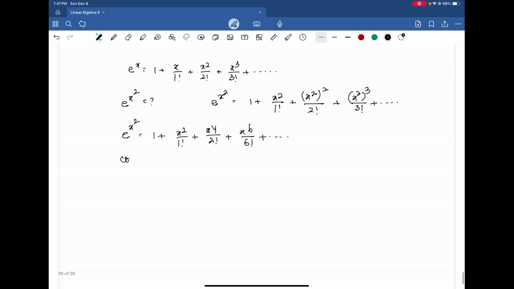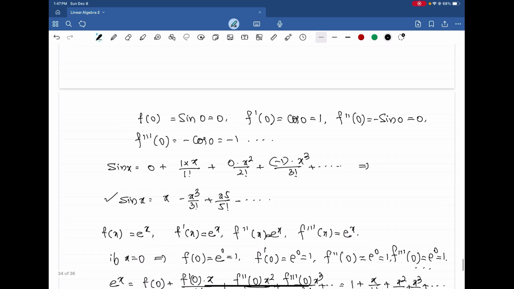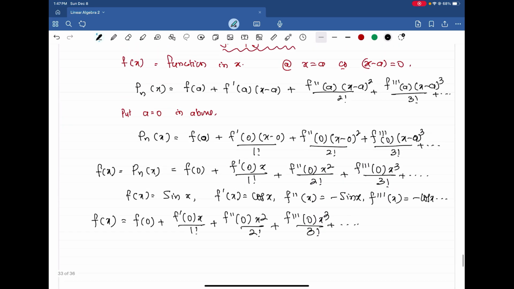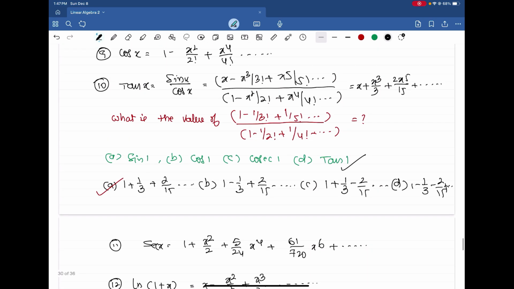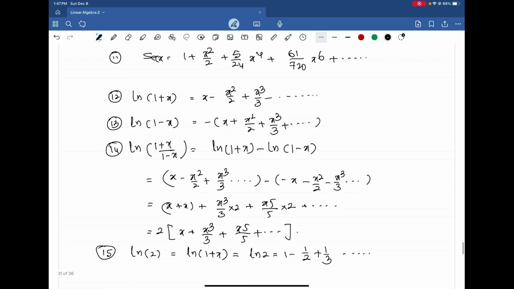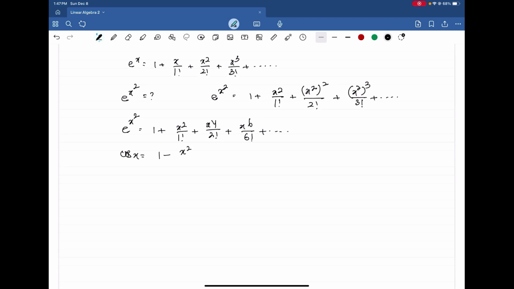Then we know cos x. What is the value of cos x? Cos x is equal to 1 minus x square by factorial 2 plus x to the power of 4 by factorial 4 and so on. Then, can you find out what is the value of e to the power of x square plus cos x?